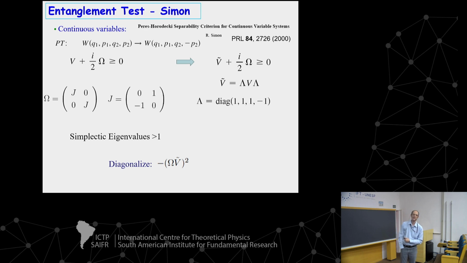What's a symplectic matrix? It's a matrix where you can make rotations or squeezing, and it doesn't change its form. That's exactly making local operations. The local operations are not changing the nature of the matrix.